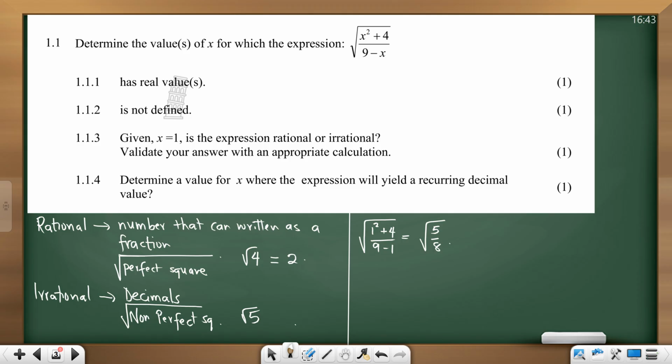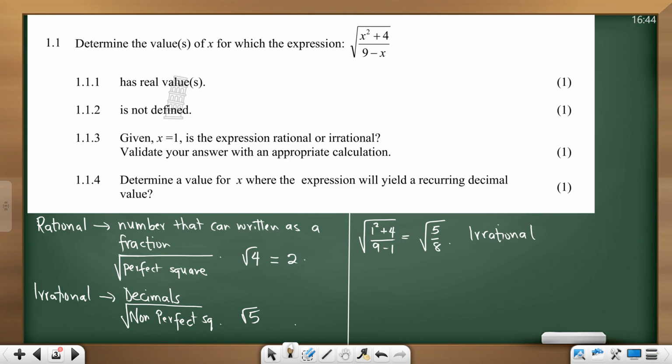It's irrational because 5 is not a perfect square, 8 is not a perfect square, so this is irrational. Are we okay?